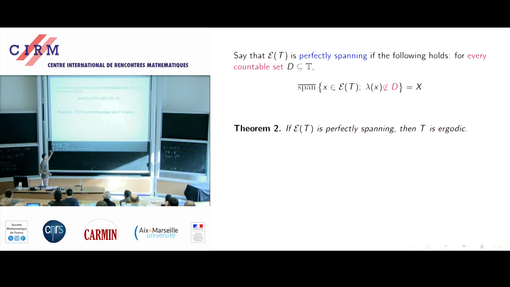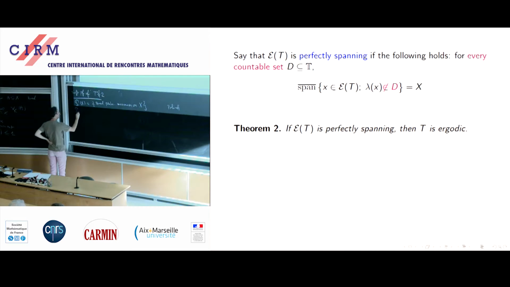So this is a Polish space. And you denote by P_T of X the set of all T-invariant measures.